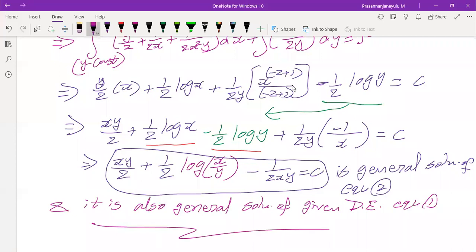So this is the procedure. What we did here is convert the given non-exact differential equation to an exact one and then find the solution of that exact DE.